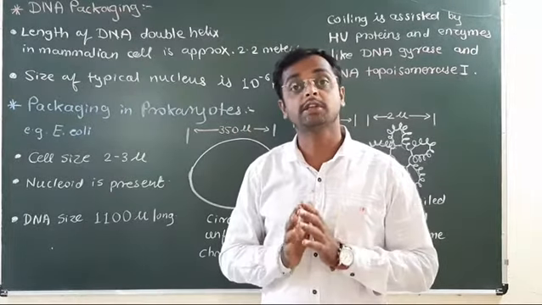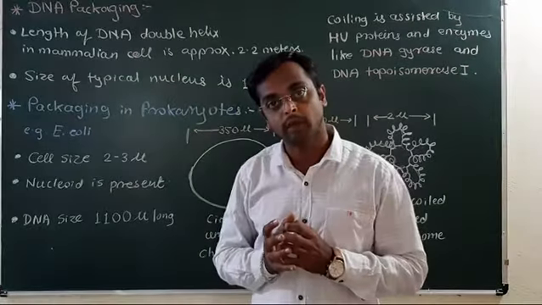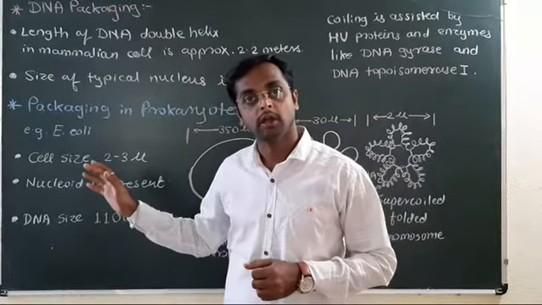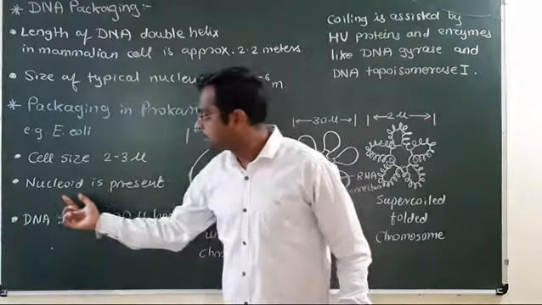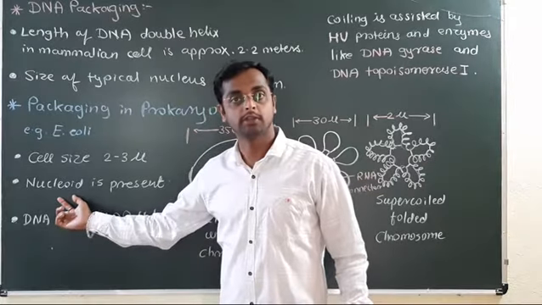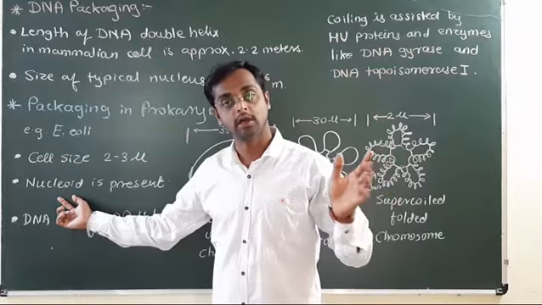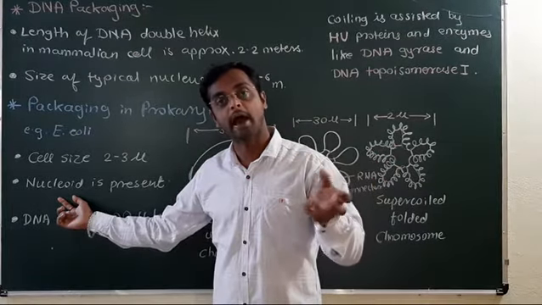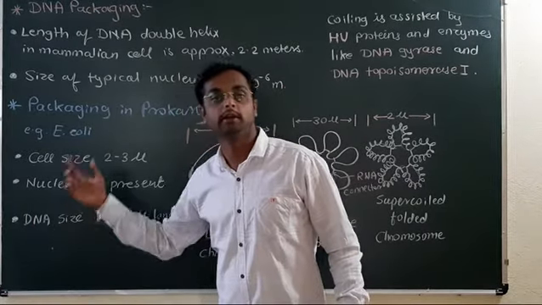There is an absence of a nucleus, so the genetic material is directly suspended in the cytoplasm, and instead of a nucleus, a nucleoid is present. Nucleus means a well organized structure, but in prokaryotes there is no nucleus. The genetic material is directly present in the cytoplasm and is termed a nucleoid.